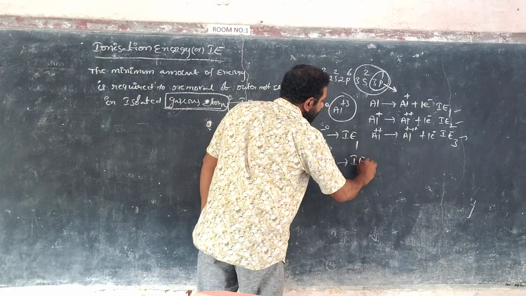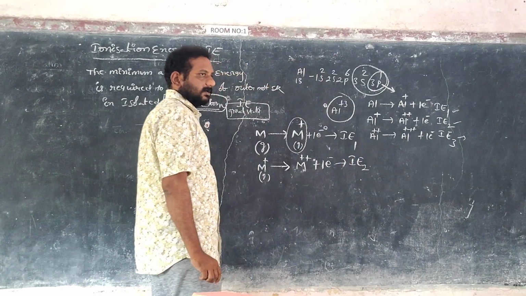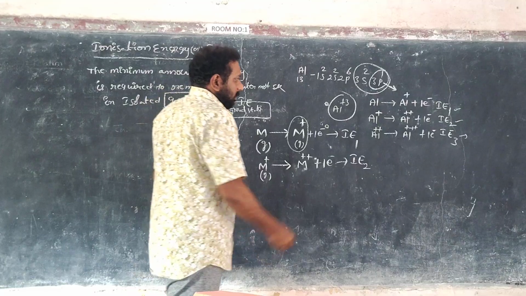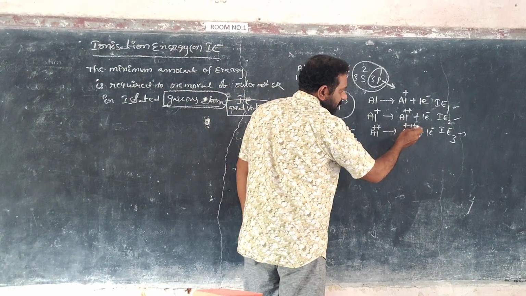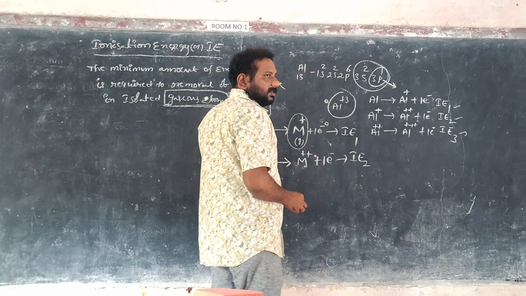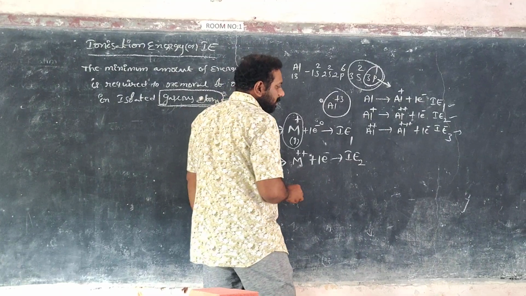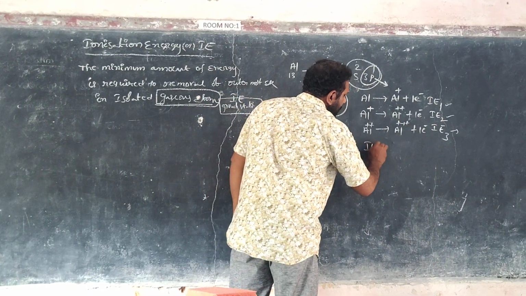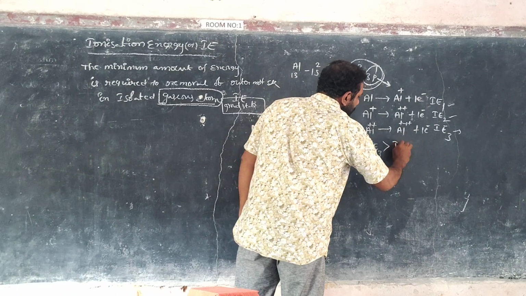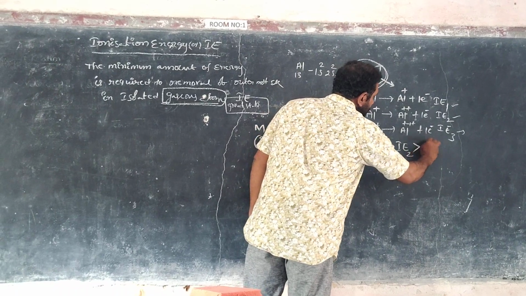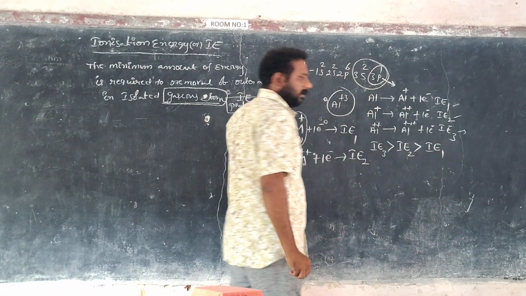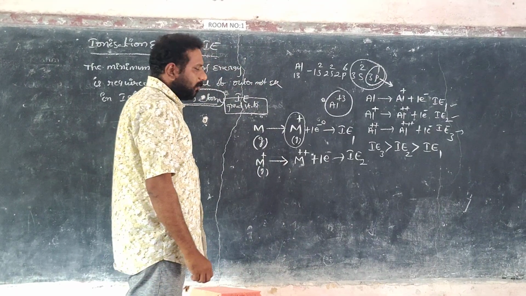This is the second ionization energy. The relationship is that IE3 is greater than IE2, which is greater than IE1.